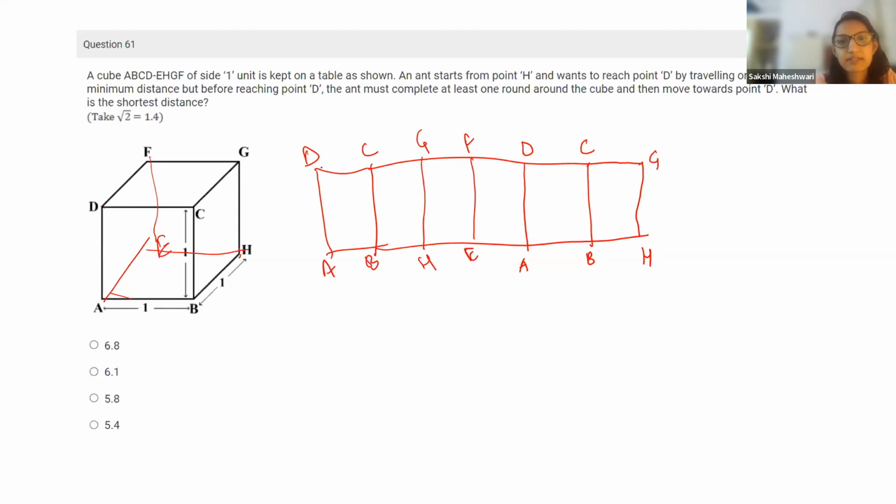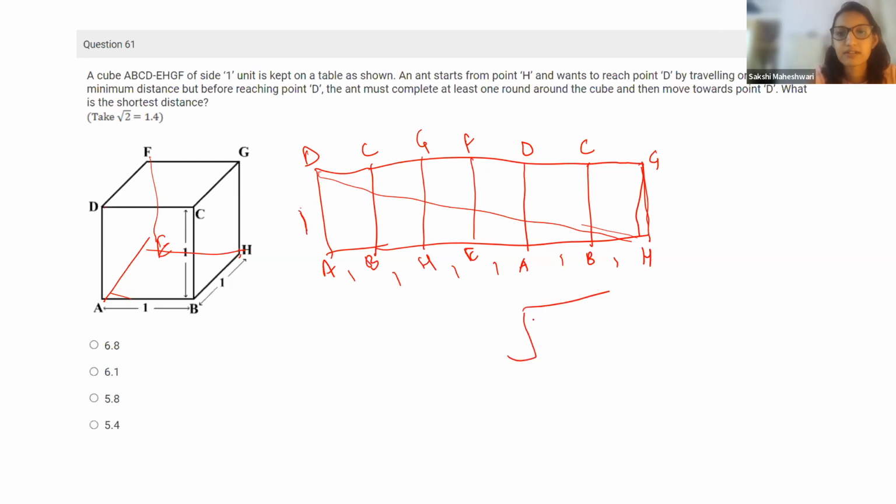And see, the shortest distance to D will be this. See, this is 1, 1, 1 each. Because while it covers the one full round, it will be somewhere on this line, near the G and H surface, and then it has to go back to D. So the shortest length would be this diagonal, crossing these faces, and this is 1. Okay, are you getting it?